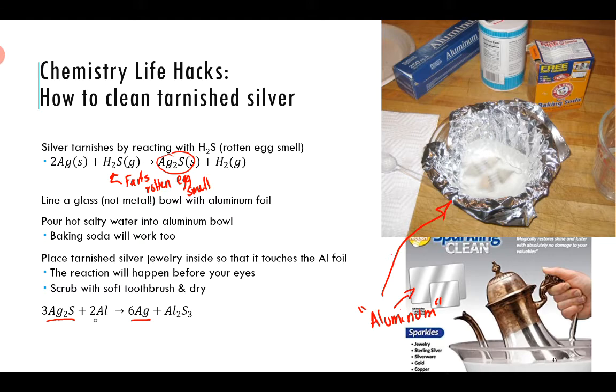And we're going to do that by turning our aluminum into aluminum sulfide. So we can see here that we're going to turn our Ag+ into Ag neutral and our aluminum neutral into aluminum 3+. And so we have our oxidation half and we have our reduction half.